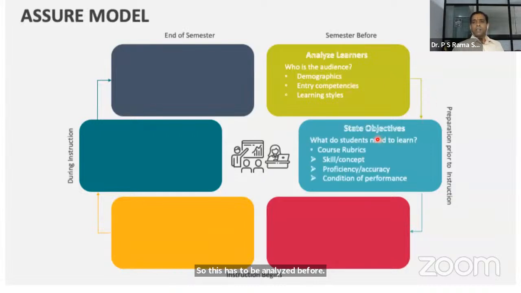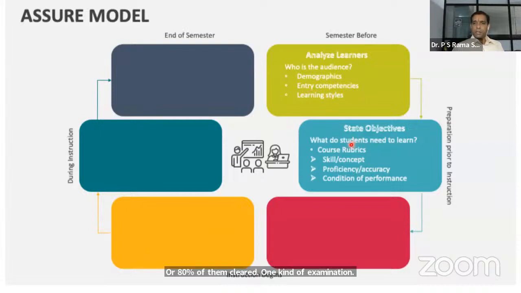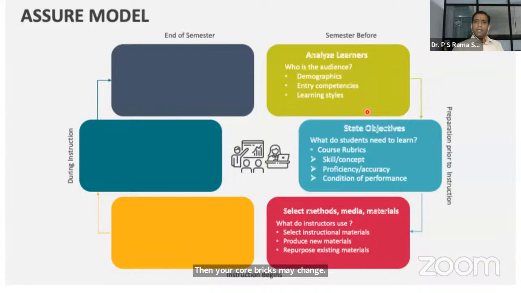Then state the objectives. So once you have analyzed this, then the objectives, the course rubrics, they keep on changing semester to semester based on this. In the next semester, if 80% of your students are from the same state, or 70% or 80% of them cleared one kind of examination, then your course rubrics may change, right? So the objectives are based on the preliminary analysis.